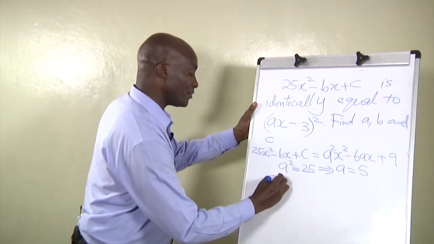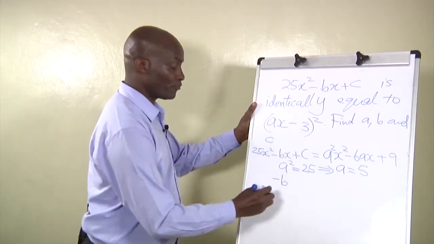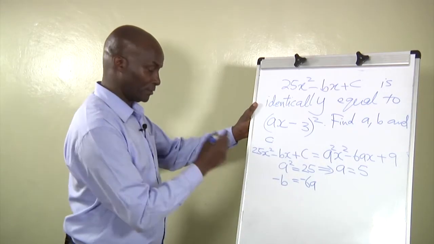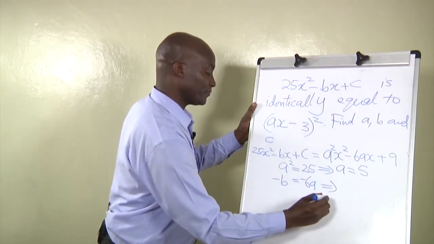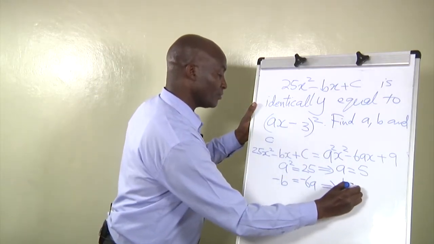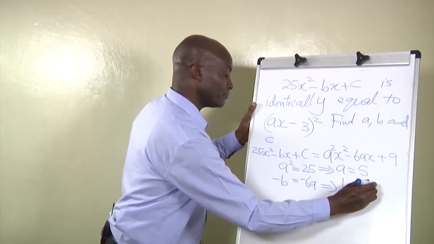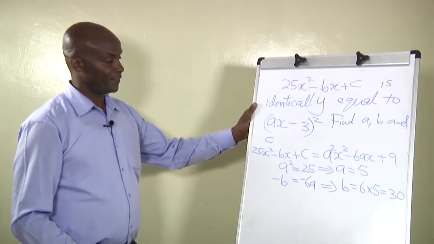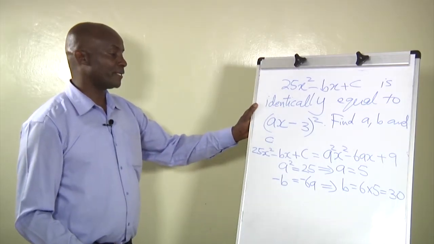So negative b is equal to negative 6a, which implies that b is equal to 6 times 5, which is equal to 30. b is equal to 30.